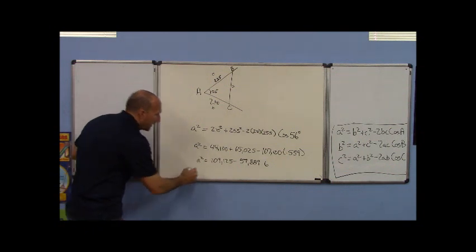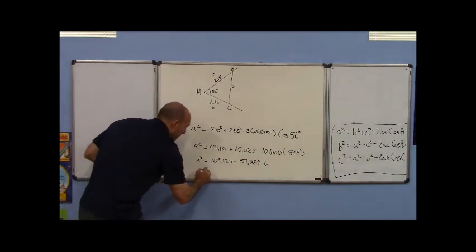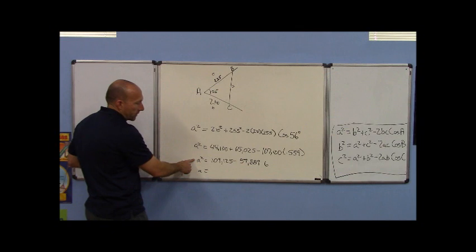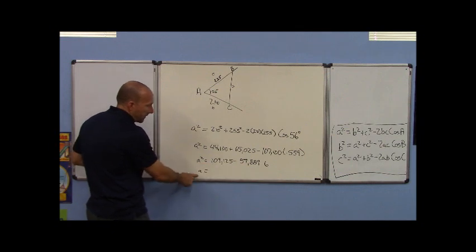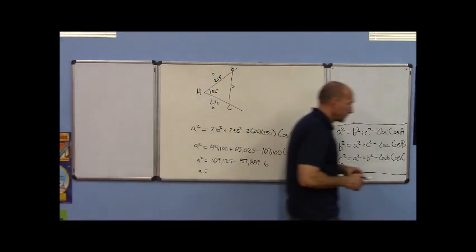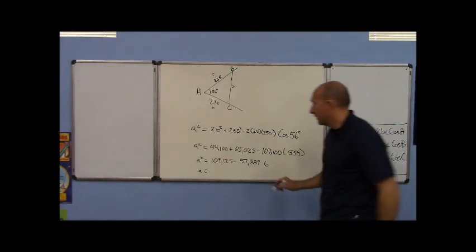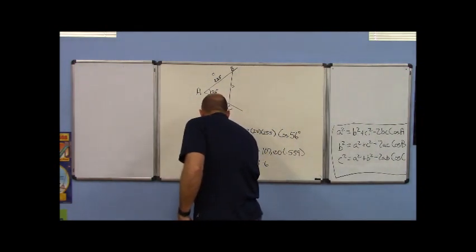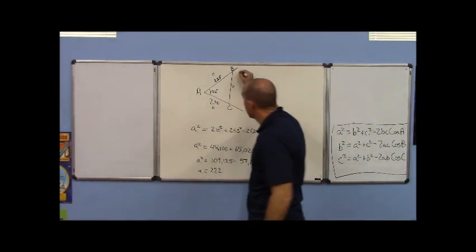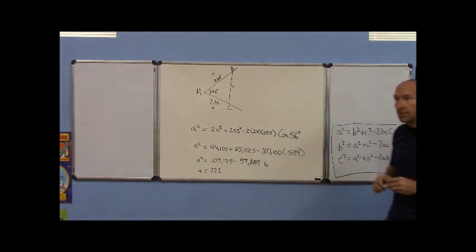And then subtract that, and then now we have to take the square root of both sides to get a by itself. And we find that it is going to be 222 miles for here. Okay?